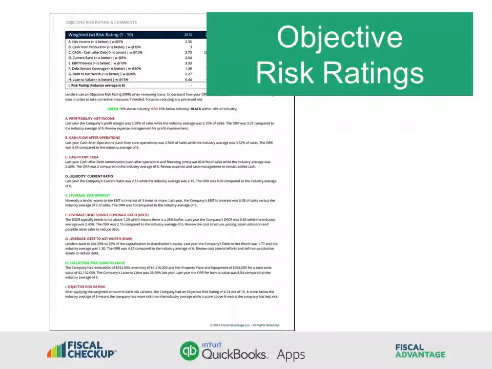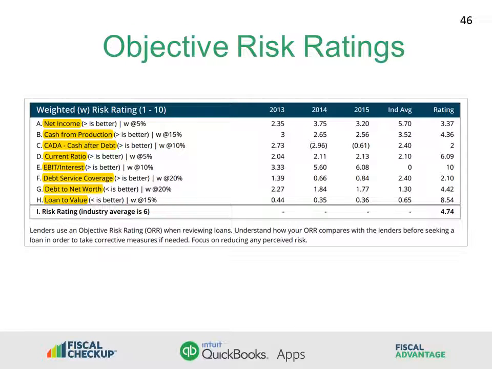Page 9 will give business insight on how a lender will view them by showing many of the ratios that lenders use to evaluate loan applicants. Listed in the table at the top of the page are 8 of the most important objective risk ratings used by lenders.